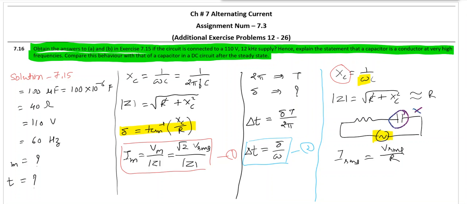So in case of DC, there won't be any current passing through this RC circuit, but in case of AC, if you are talking about 12 kilohertz frequency, then you will see that capacitive reactance is very negligible and the circuit is behaving almost like a resistive circuit. So that is the solution for 7.16. Thank you.